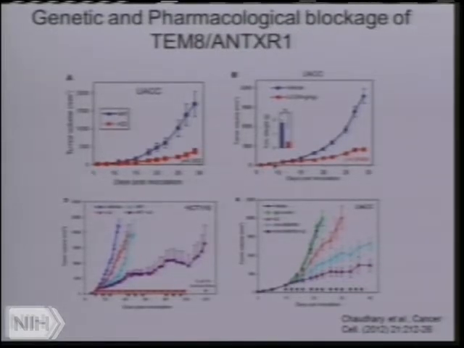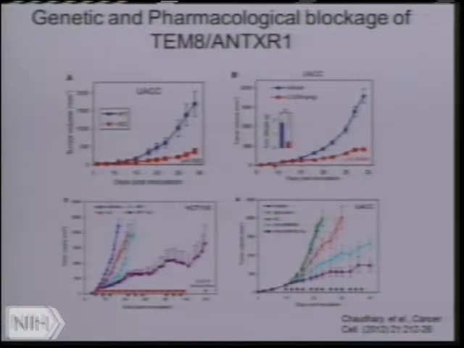However, when you grow a tumor in these mice, the tumor growth is greatly delayed. This is the growth of the tumor in the wild type, and this is the growth of the tumor in the knockout littermates.